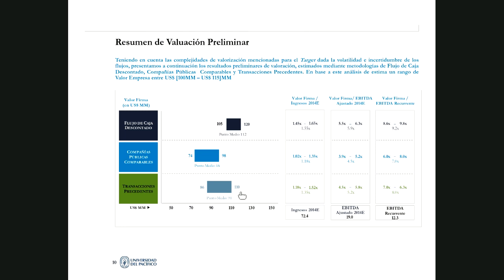The selected range for the company is higher than the trading comps, and in the upper range of the transaction comps, but a lot more in line with the DCF.